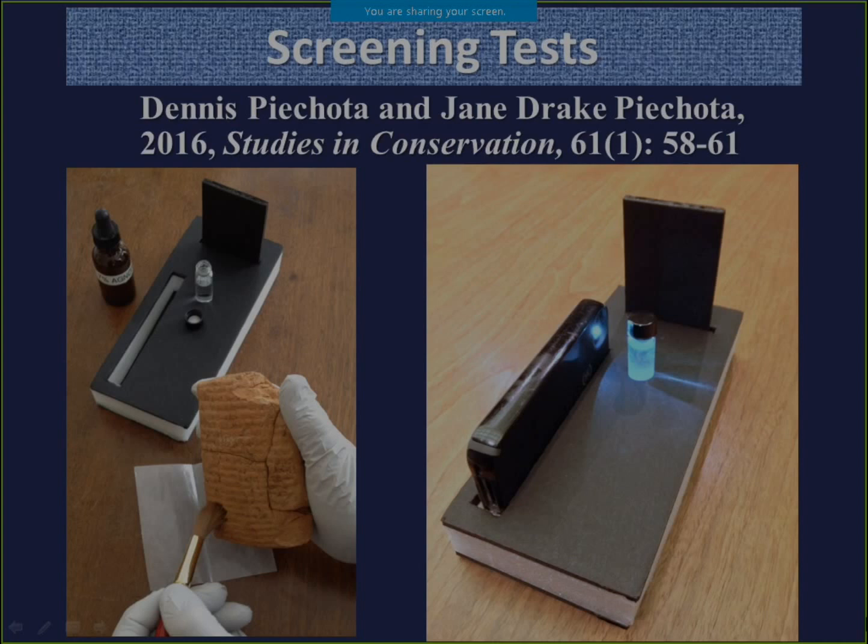These are situations where a large number of objects have to be evaluated very quickly and at low cost. So they developed a quick test with a soft brush. A small amount of surface dust is transferred from the object to weighing paper and then into a vial containing a silver nitrate solution. A white precipitate that's best seen using your smartphone light will form if chlorides are present.